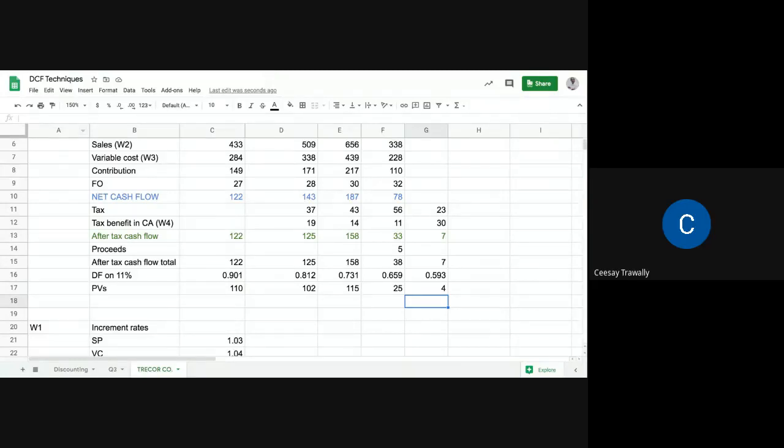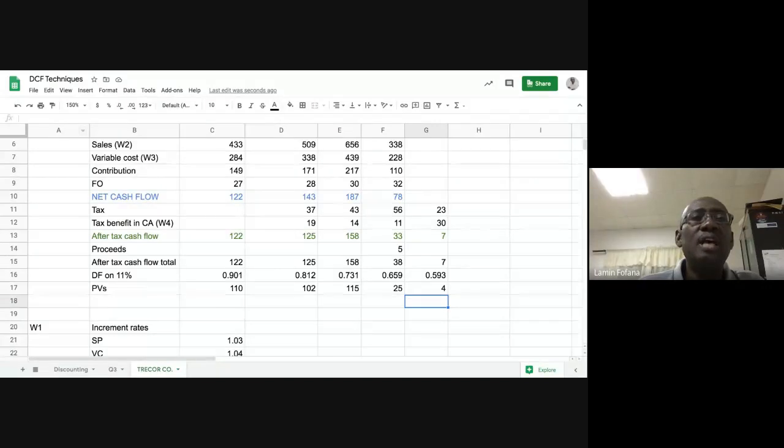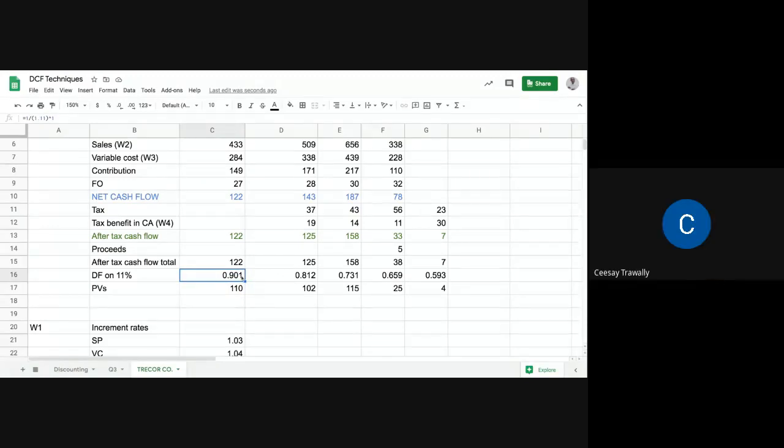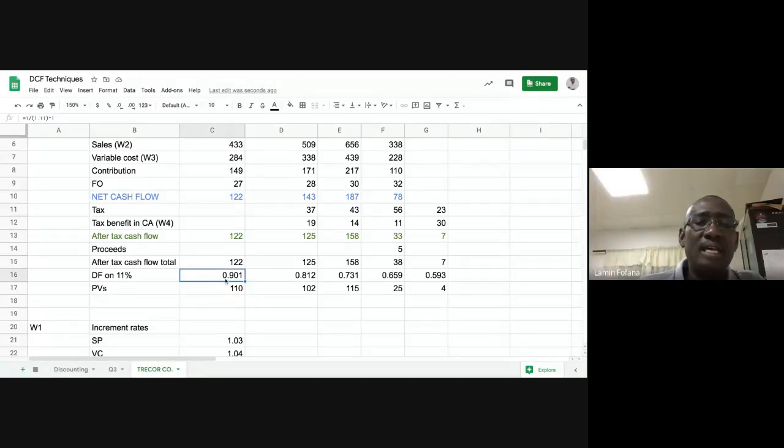How did you get the PVs? The present value is the after-tax cash flow multiplied by the discount factors. So what you'll do is, after calculating this, remove them from the calculator and type in newly 0.901 multiplied by 122, then 0.812 multiplied by 125.